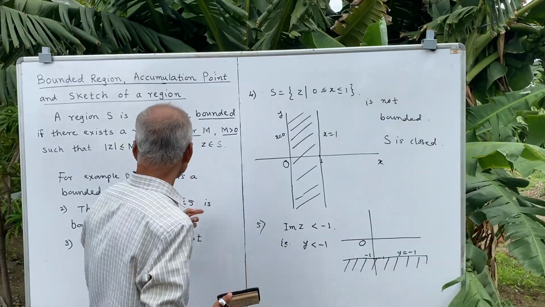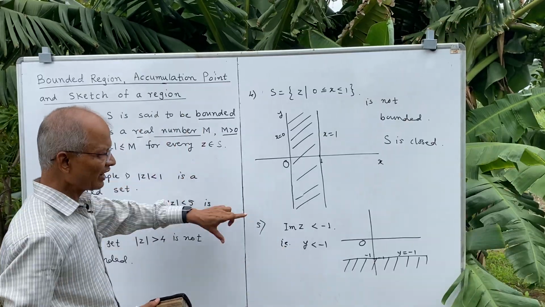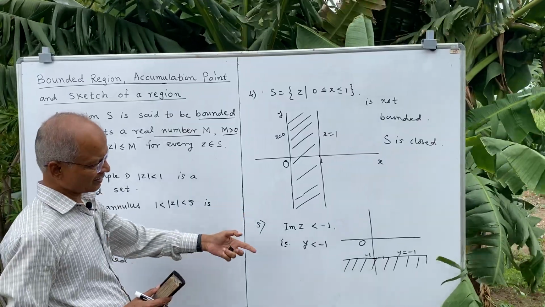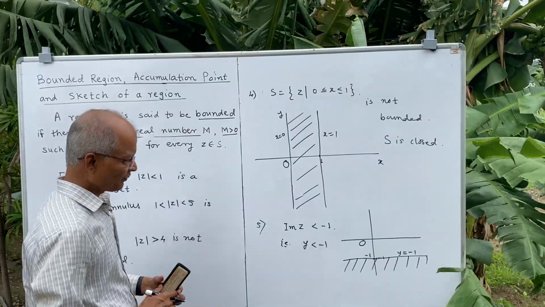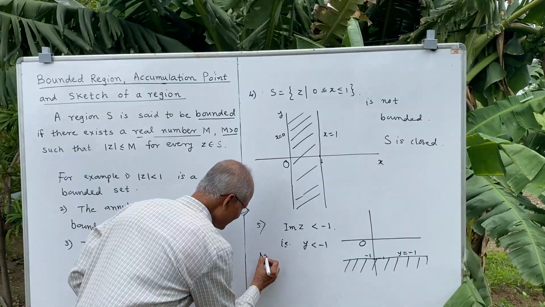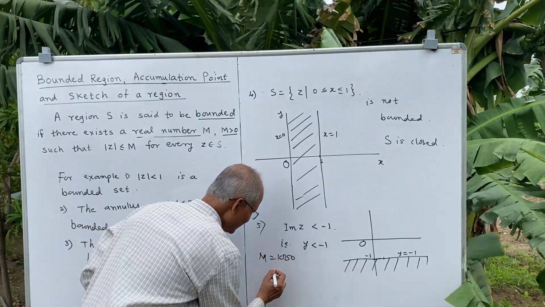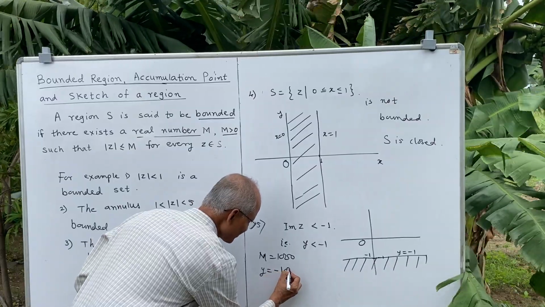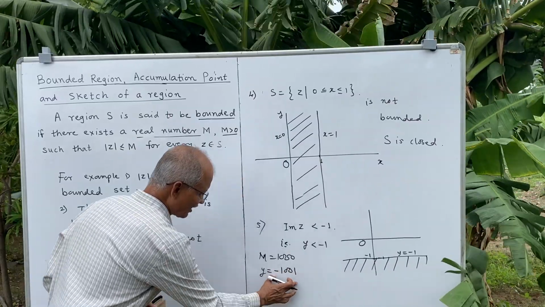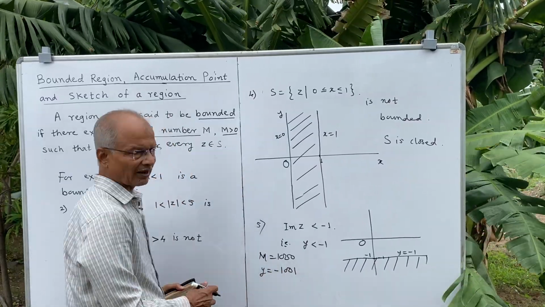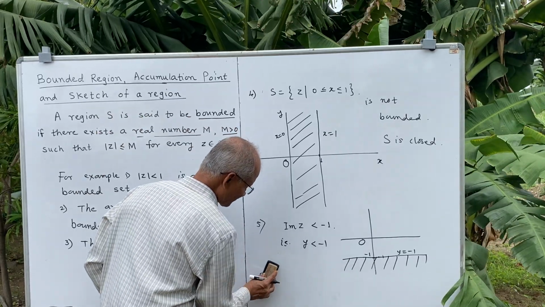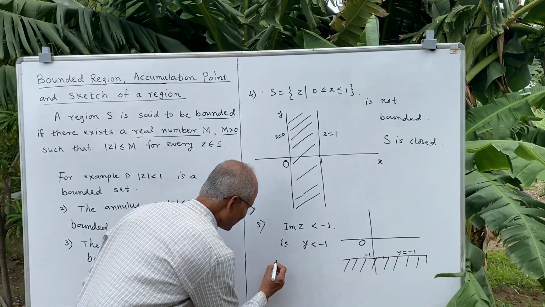It is unbounded because we can't find M such that the absolute value of y is less than M. If you take M as any number, say 1000, then you may have y equal to say minus 1001, and here mod y is not less than M. So y extends to minus infinity here, and thus this is not bounded.